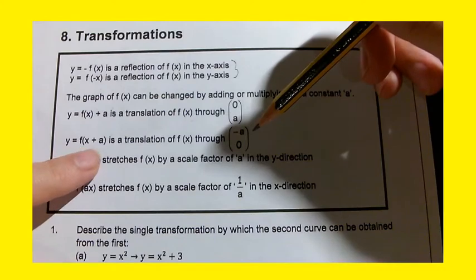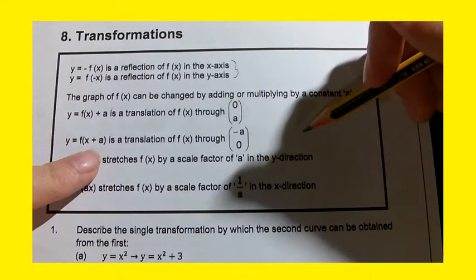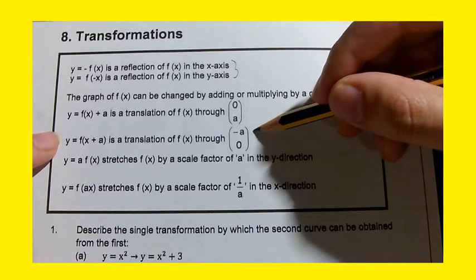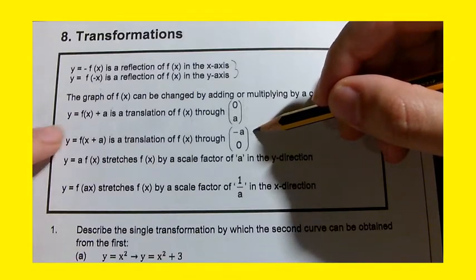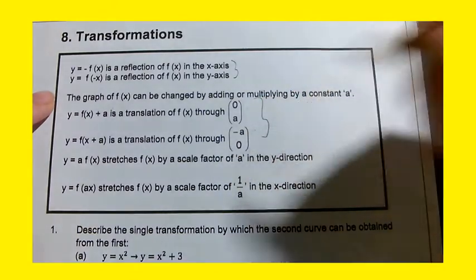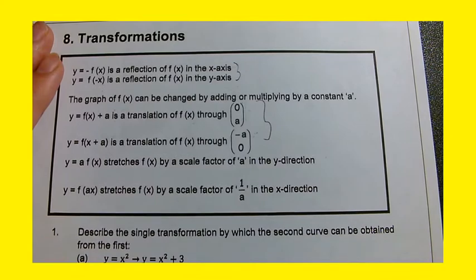So again, whenever you see something happening in the bracket with x, it does the opposite to what you think it's going to do. Okay, so when you got f of x plus a, it's a translation in the x, but in the opposite direction to what you think it's going to be. Okay, so if it's plus a, it's minus a. If it's minus a, it's plus a. So these are all the translations as one group of transformations.